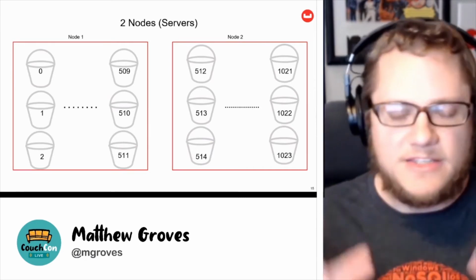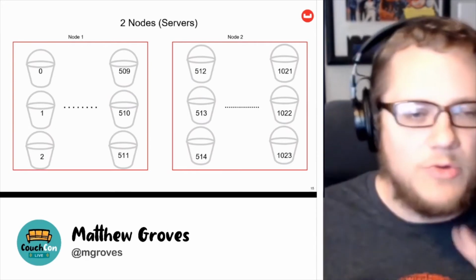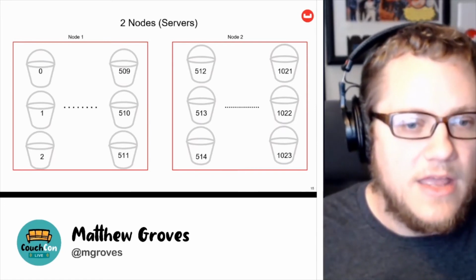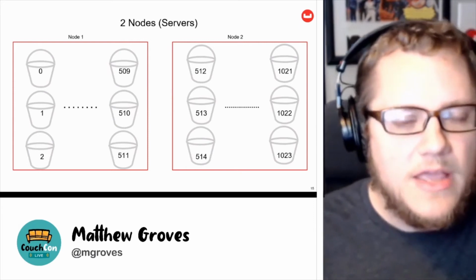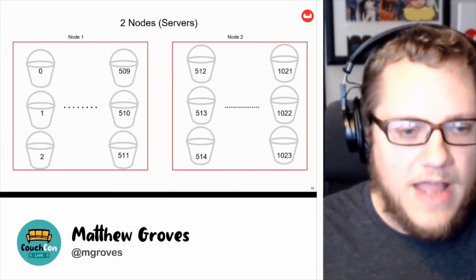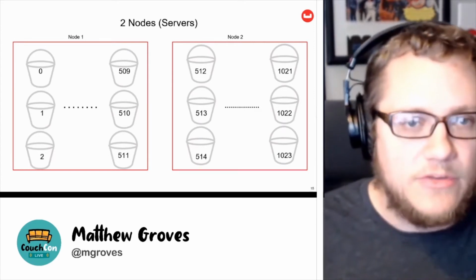So I can easily just take those 1,024 buckets and move them around amongst all the different servers. And again, this goes on behind the scenes. This is automatic. You don't have to know this as a developer. But what I've done here is I've doubled the capacity of my database, of my cluster. So now each server handles 50% of the reads and the writes.